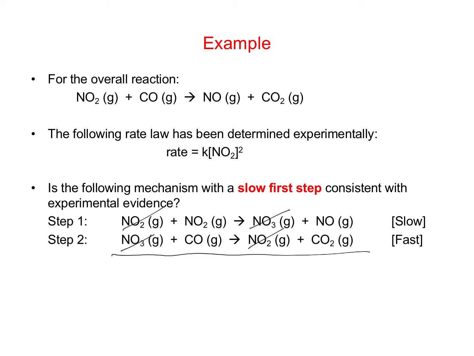And so what I'm left with is NO2 plus CO makes NO plus CO2. And so when I add up the elementary steps of my mechanism, that does match the overall reaction. So the first criterion is met. My elementary steps add up to the overall reaction.